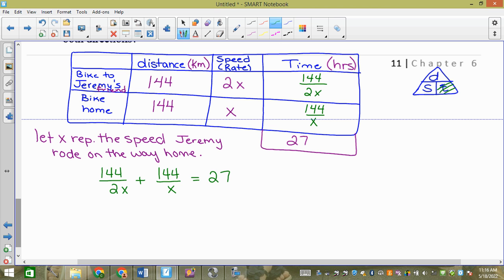Now solve it. Go. What are we going to have to do? Common denominator is what? 2x, correct? So you have to multiply the first one by nothing, the second one by 2, and the third one by 2x. Try it out.